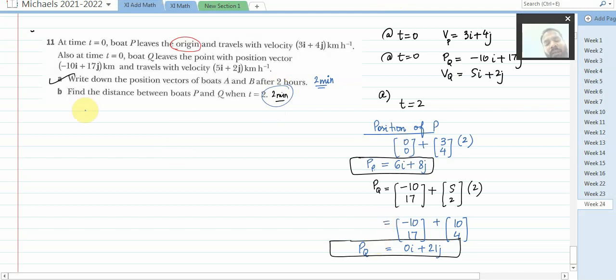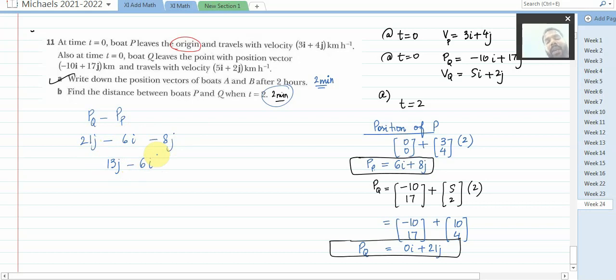The distance between P and Q is position of Q minus position of P. Q is 21j, minus 6i minus 8j. That will be 21 minus 8, which is 13j, minus 6i. That is the distance between P and Q.